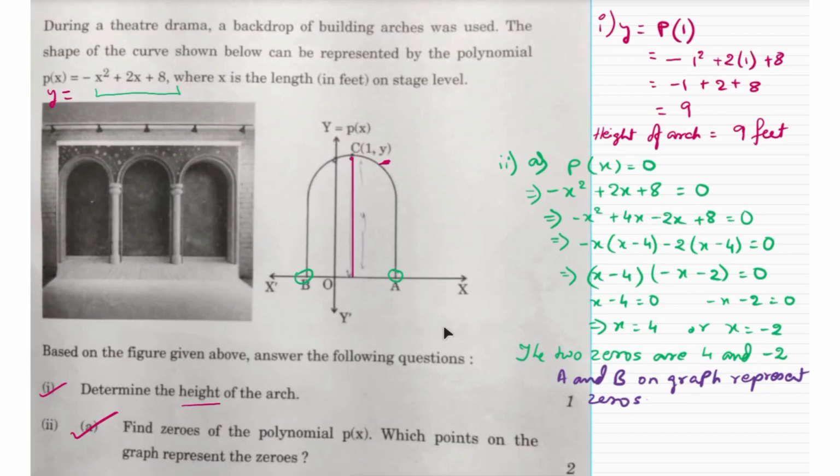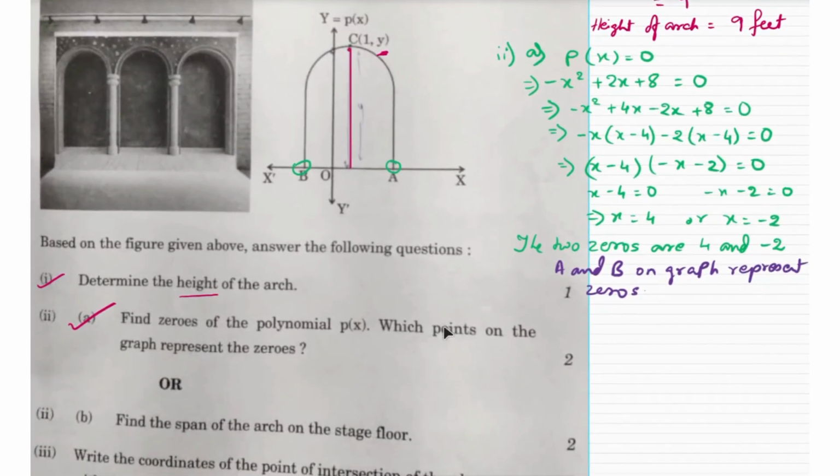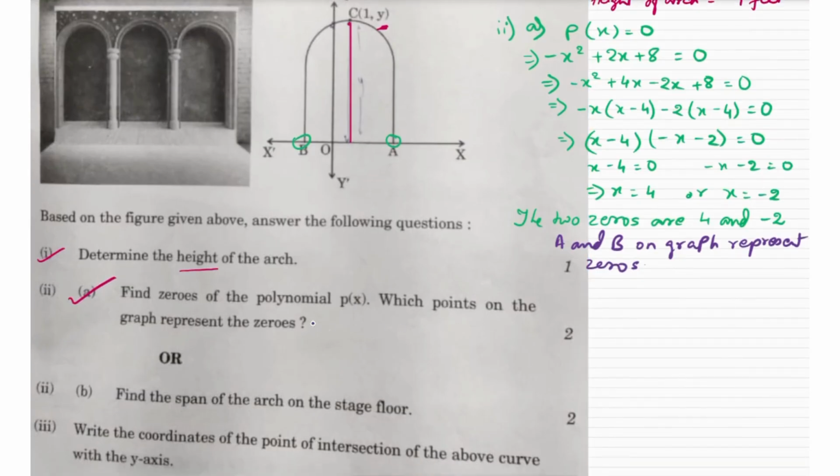Now let us move to the OR part of this question. Find the span of the arch on the stage floor. As I've discussed before, the span of the arch means the horizontal distance between its two supporting points, that is A and B. The x coordinate of A is 4 and B's x coordinate is minus 2.